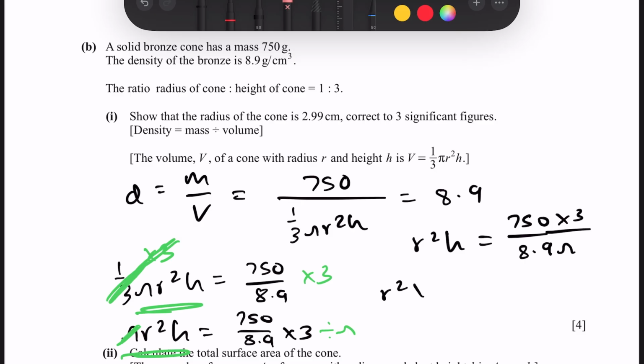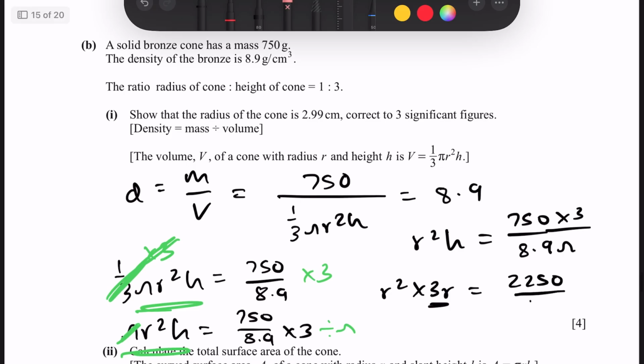So r square times 3r would be equal to 750 times 3, which is equal to 2250 divided by 8.9 pi, which means that r cube is equal to 2250 divided by 8.9 pi divided by 3.